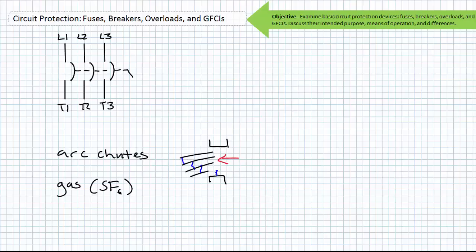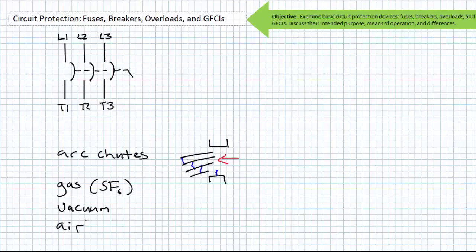Gases with a strong dielectric strength, a property we'll discuss later, like sulfur hexafluoride, SF6, quench the arc in gas circuit breakers. Vacuum circuit breakers have nothing inside them to ionize in the first place, and the arc is extinguished upon opening. Opposite to this methodology is an air circuit breaker, which uses compressed air to blow out the arc like a giant birthday candle.